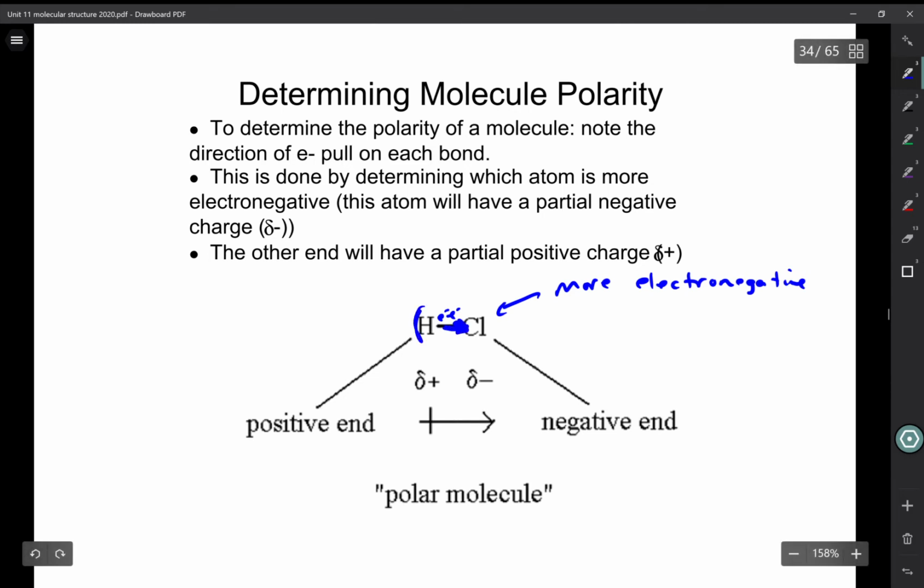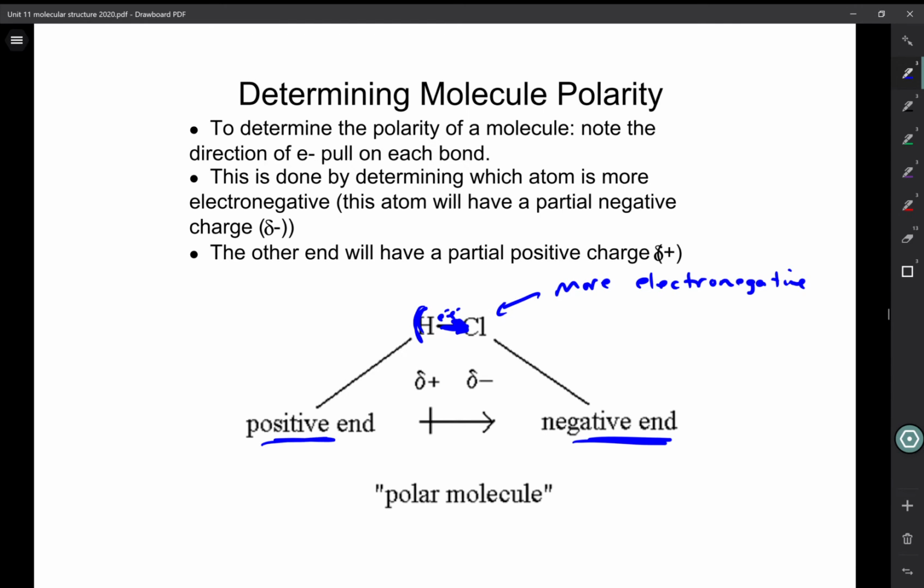And hydrogen's left all alone, doesn't really have the electrons around it all that much. So with all these electrons getting pulled closer to chlorine, it tends to take on a slightly negative charge. Hydrogen, since the electrons aren't around it as much, has a slightly positive charge.